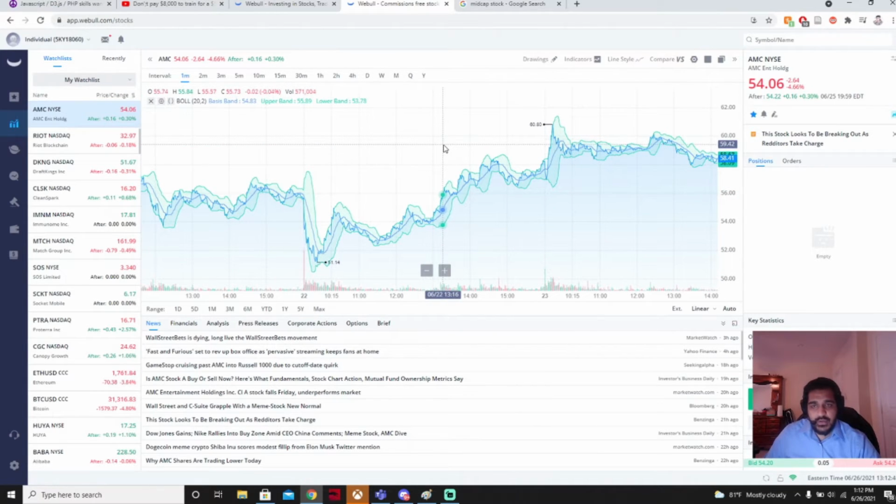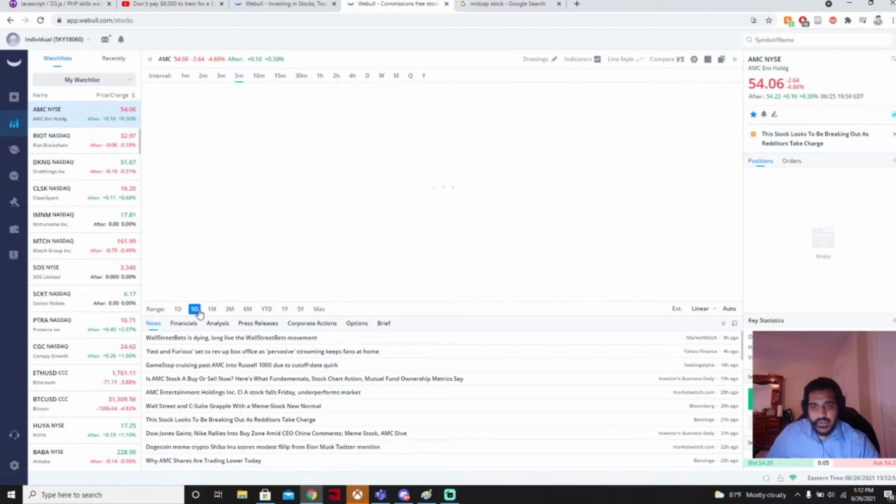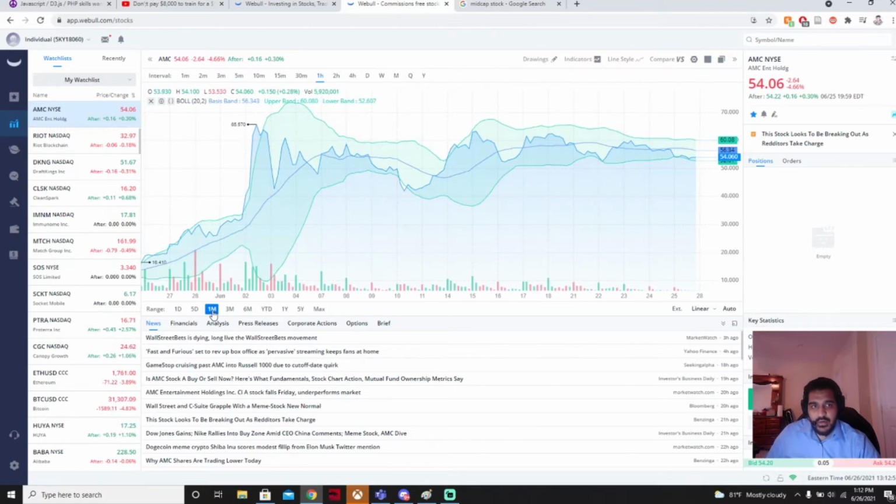The other thing to do about timing is make sure you don't trade on Fridays. So I'm going to change this to the 5-day chart or the 1-month chart. You're going to see on every Friday, so Friday the 25th. So here's the 25th. You can see it go down.